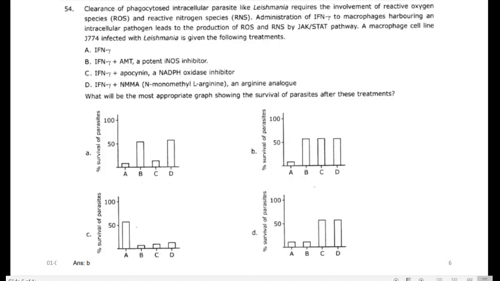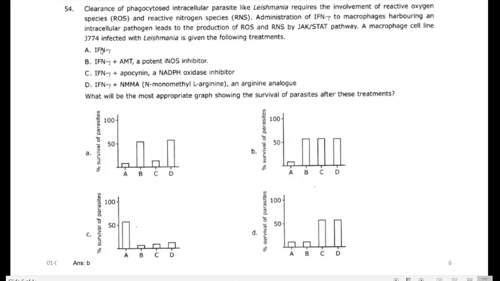This release leads to degradation of the cell and kills it.